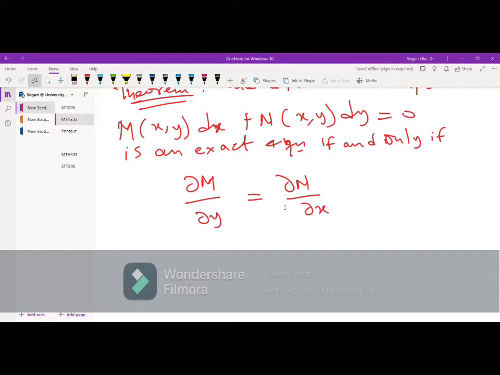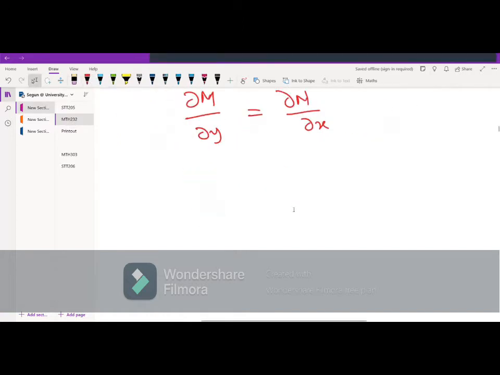It simply means that when the two of them are equal, that's where we say we have an exact solution.